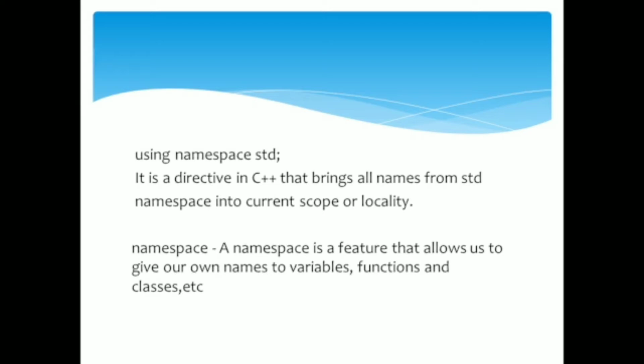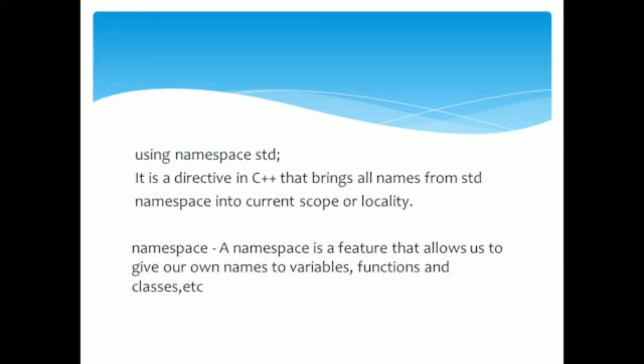After the header file, the next line of code is using namespace std. It is a directive in C++ that brings all the names from the std namespace into current scope or locality. Namespace.